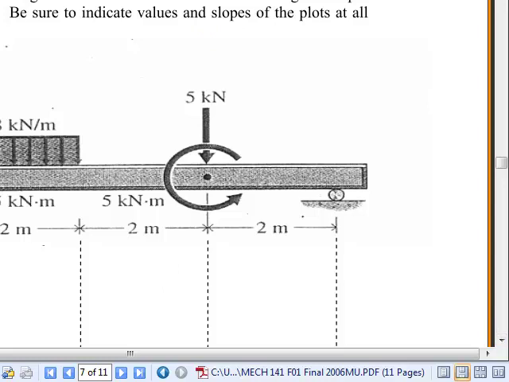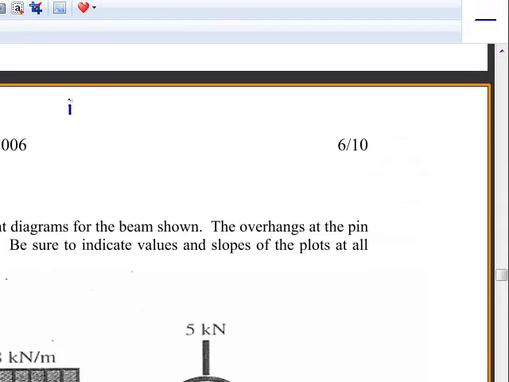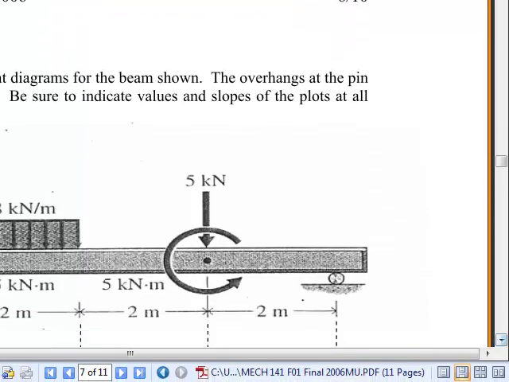There's not really room underneath, so I'm going to do this on the top. Okay, so the reaction forces, they haven't labeled the points, so let's label them ourselves.